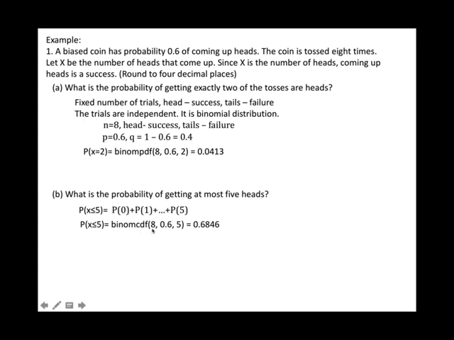Binomial CDF, the first one will be N, comma, P, which is 0.6, and then I'm going to stop at 5 because this is the cumulative probability starting from 0 until 5. You could try it with your own calculator. Go to the second VARS, find the binomial CDF, and you could get this answer.